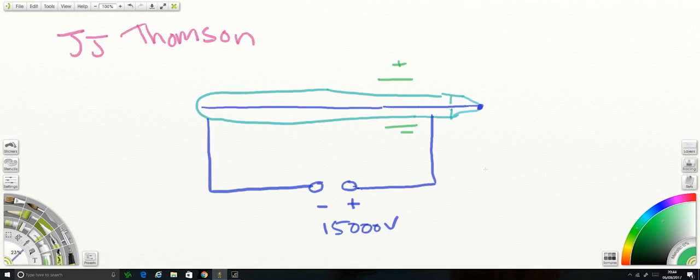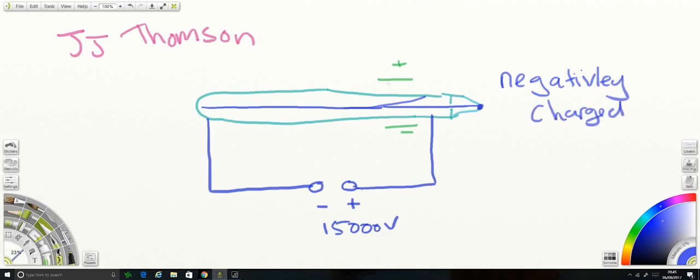When he did that, he began to notice that instead of following a straight line, the ray started to bend in the direction of the positively charged plate. So what does that prove? Well, this proves that this ray, whatever it is, is negatively charged. And why does that prove that? It's because it's moving towards the positive, and as we know, opposite charges attract.